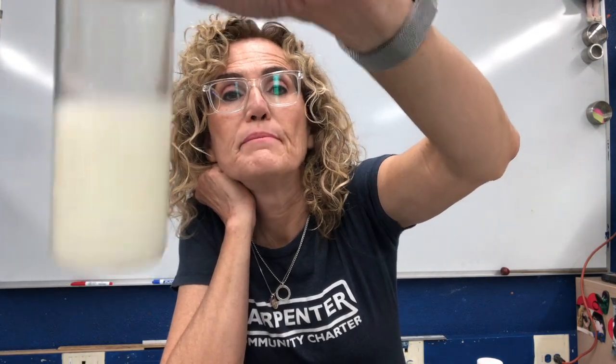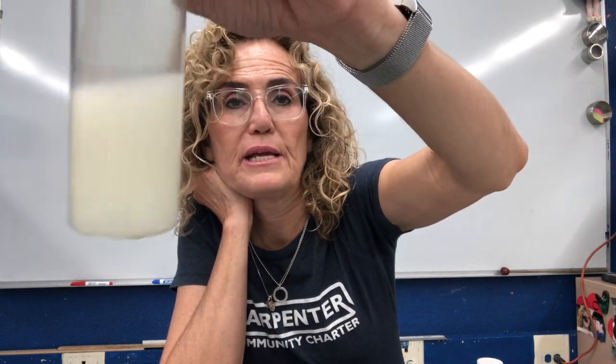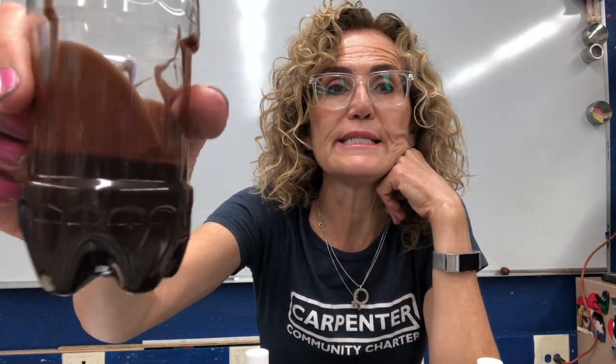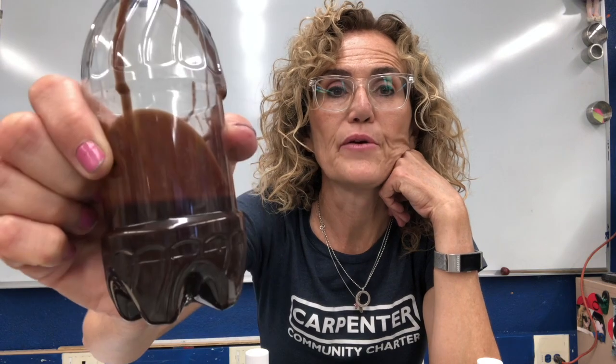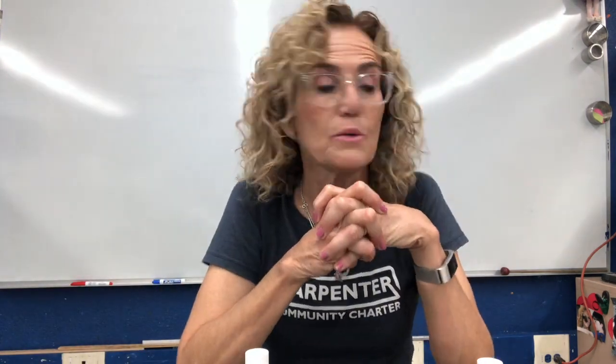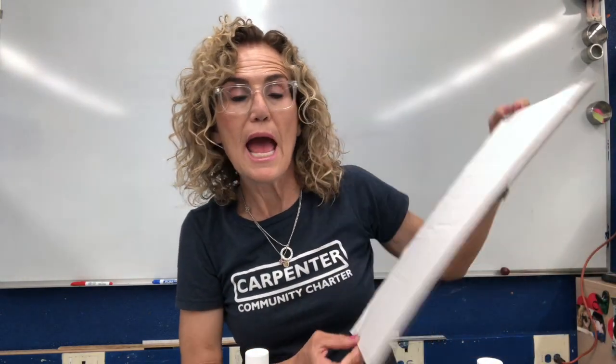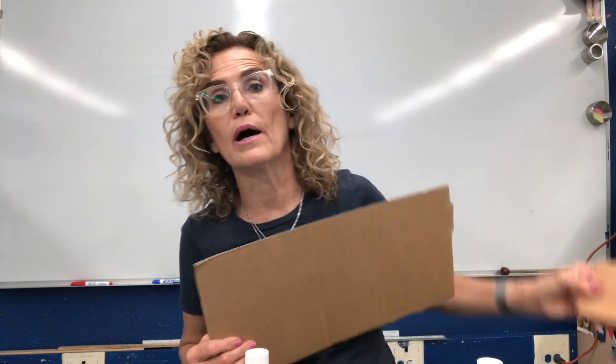So that's what that is, if you could get something like that. This one is chocolate syrup in this bottle. Okay, so you need to make those bottles with the supplies, and then you need a piece of cardboard and either a block or a book that you can make a ramp out.